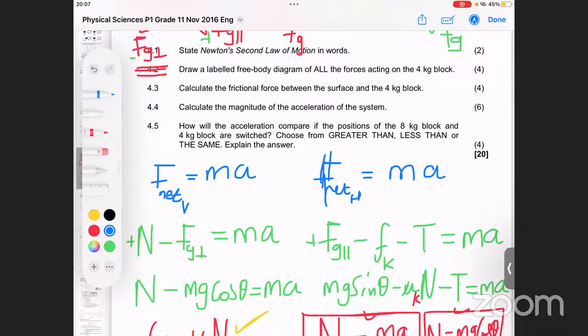Sir, wouldn't you use F net is equal to ma? And then you break F net into its components. So you break it down into its components and then you solve for acceleration.